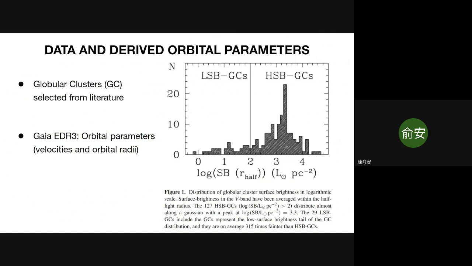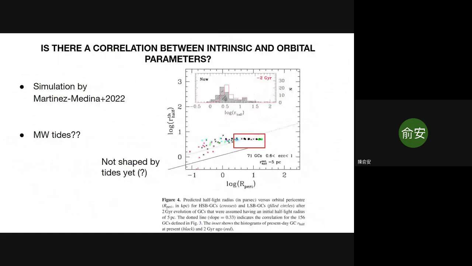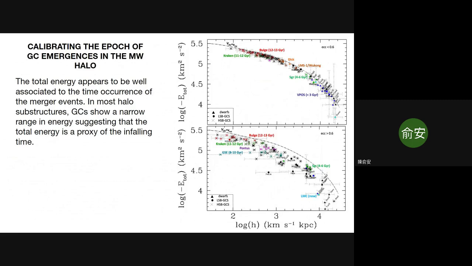How did they derive the energy again? I believe the energy is, sorry, they didn't explicitly talk about how they derive the energy, but I suspect it is the potential plus the kinetic, or the velocity. In line of sight or?